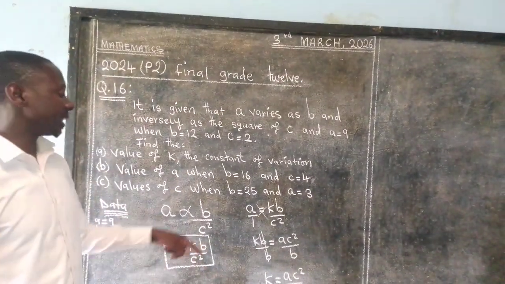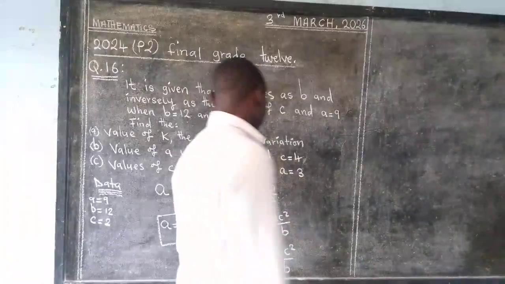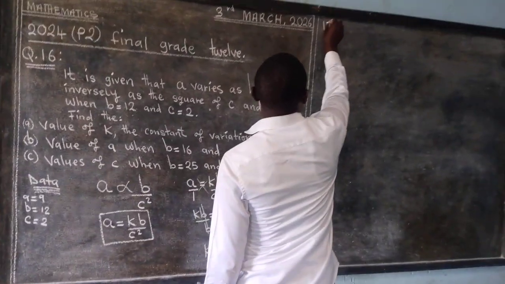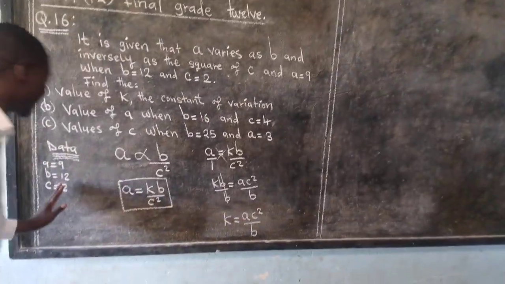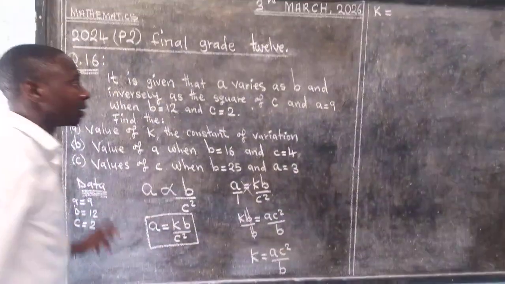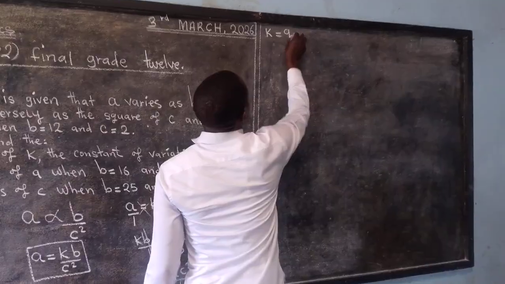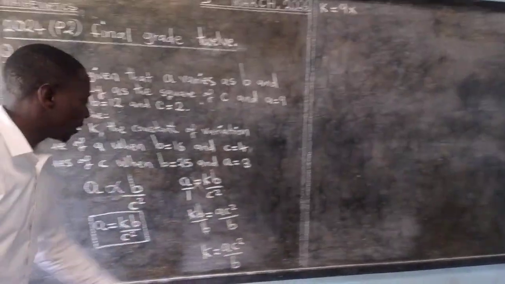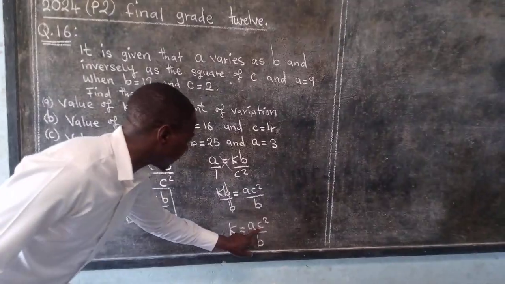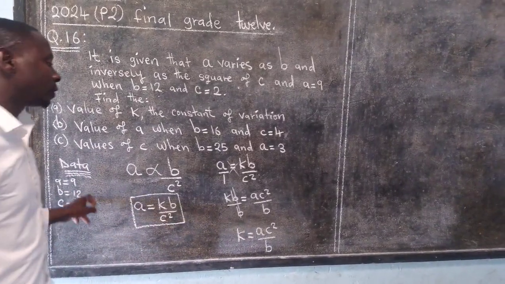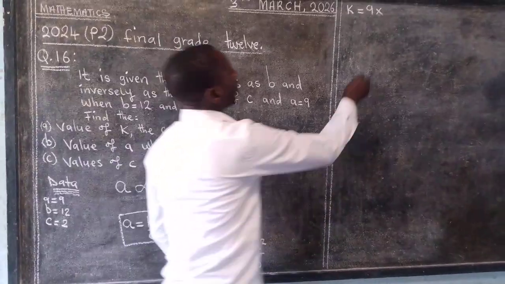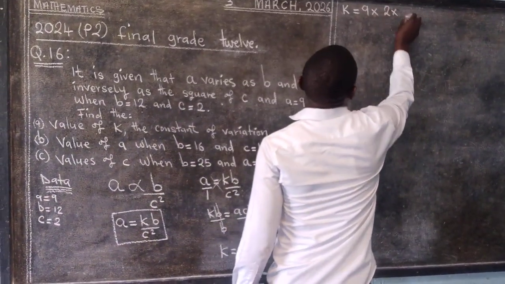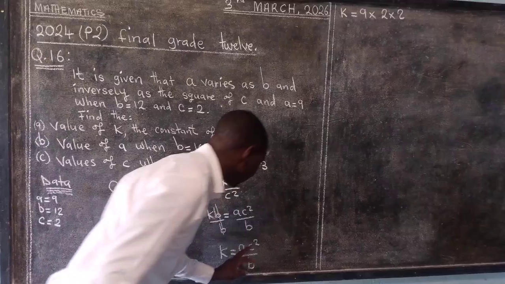We are almost there. So let's write constant here. Constant is equals to, what is our A in our data? 9, times what is our C in our statement? 2. If this C is 2, then 2 will be multiplied by 2 because of the squared.